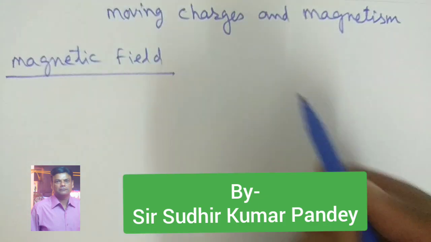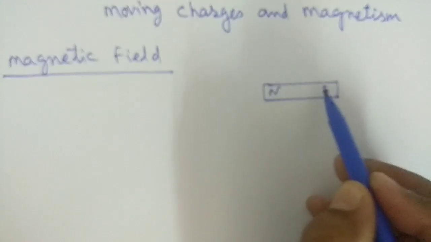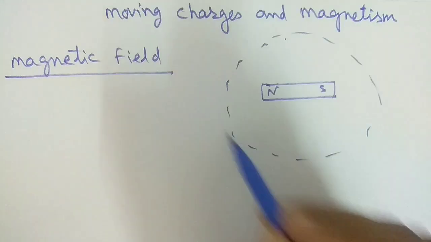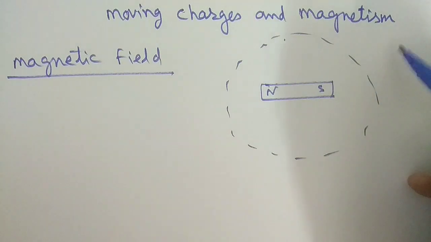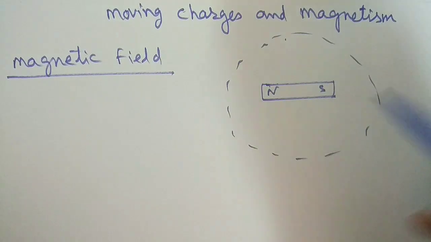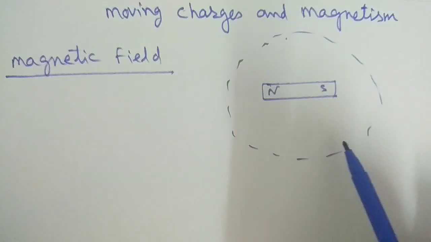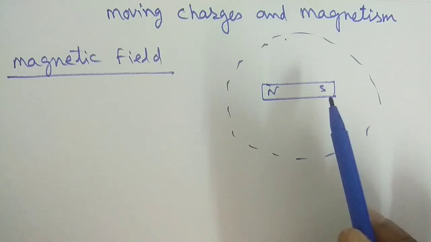Actually, magnetic field means, suppose you are taking a magnet N to S, there is an effective field around a magnet in which if any other charged particle or magnet enters, it experiences a force. So this effective field around a magnet is called the magnetic field of that magnet.